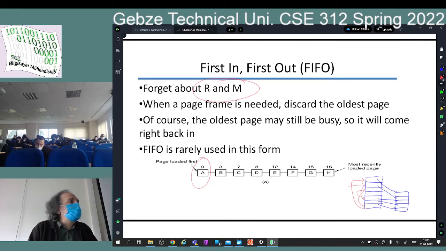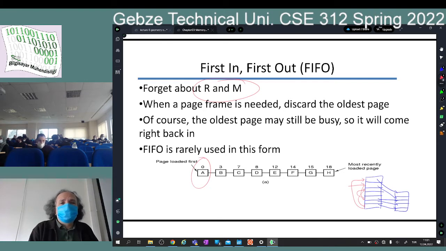Remember the definition for the optimal algorithm? The algorithm says the page that will not be referenced for the longest time is the one to replace. FIFO says that the oldest one is the same as the page that will not be referenced for long. No, that's not a good idea.